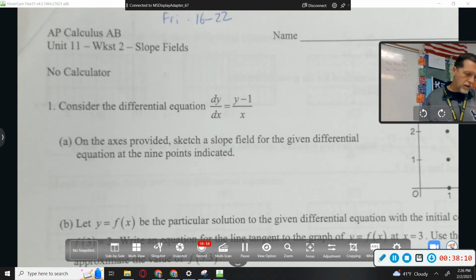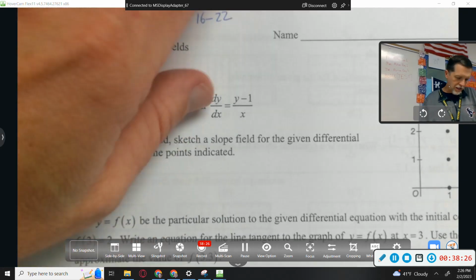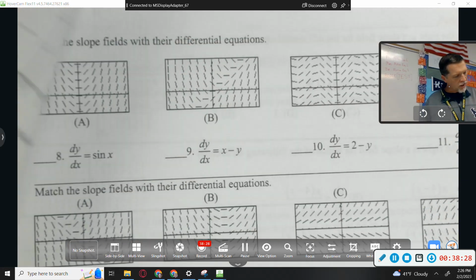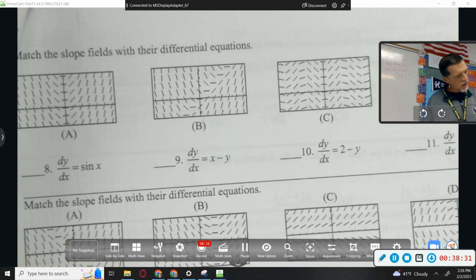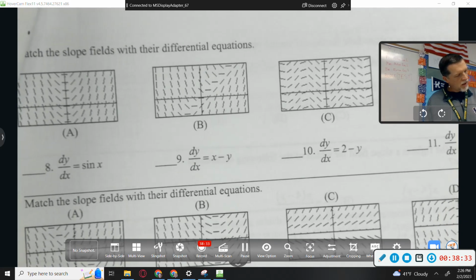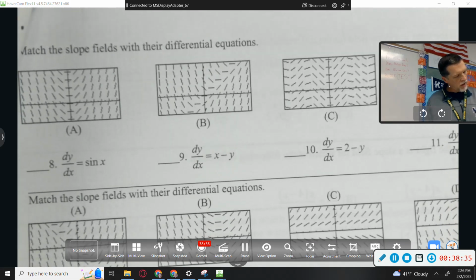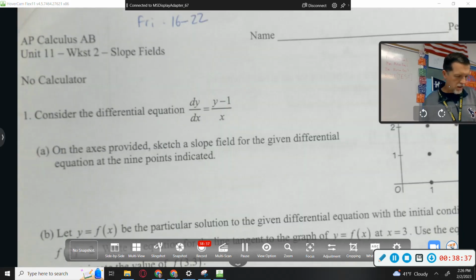Number 1 is nearly identical to the one we just did. Then there's some matching, some drawing.